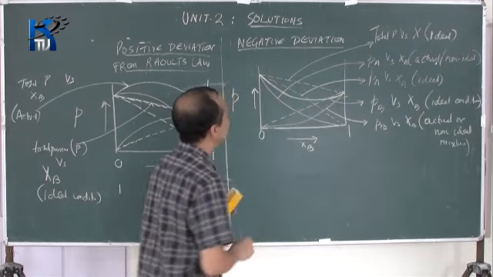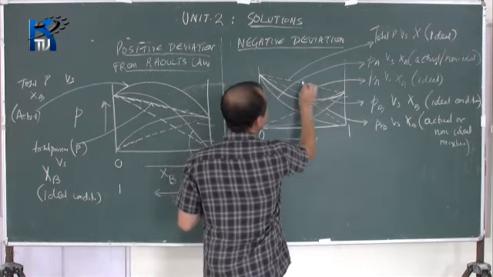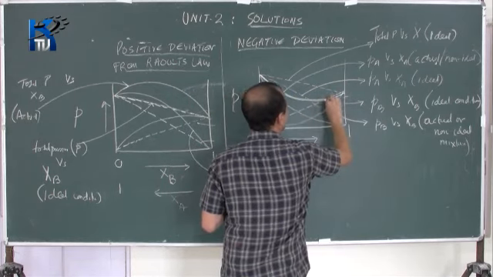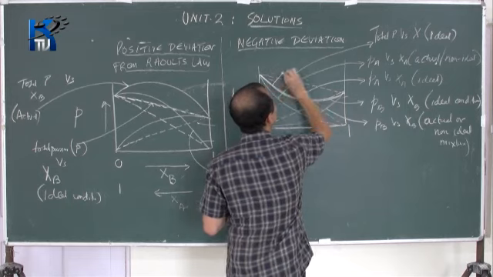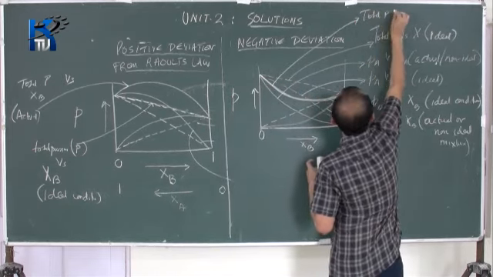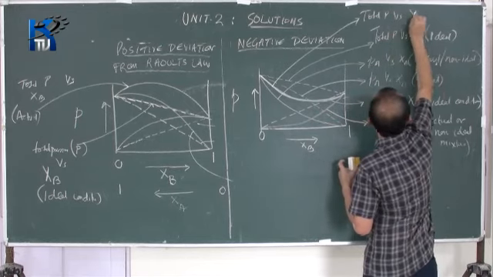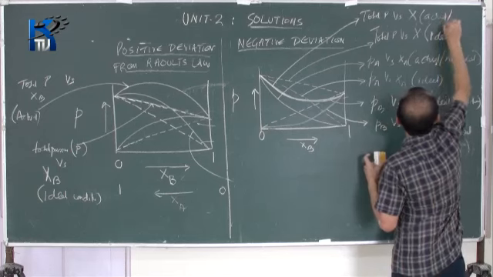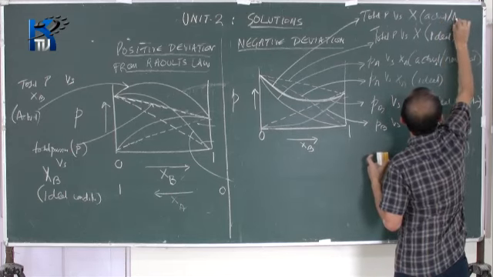Instead of this, which is expected, the actual is this. So this will be total pressure versus X, the mole fraction. This is actual, which means non-ideal.